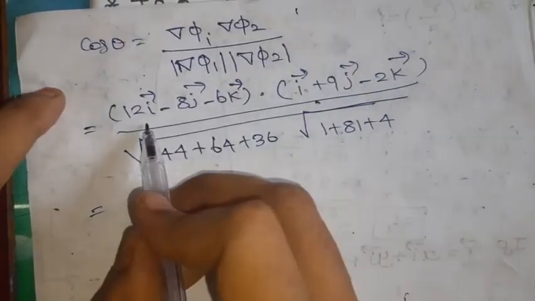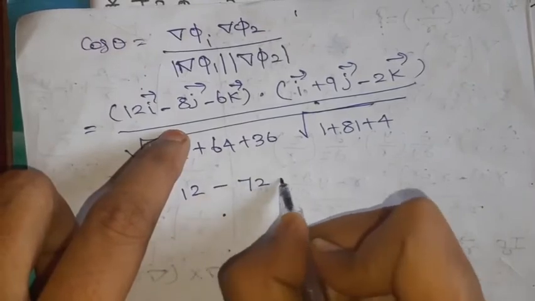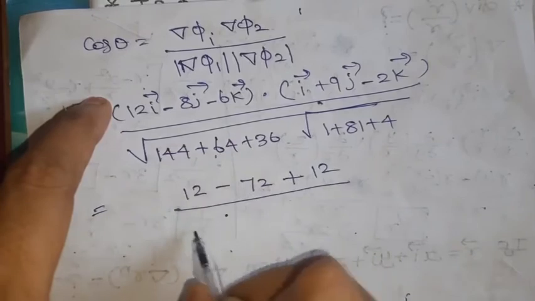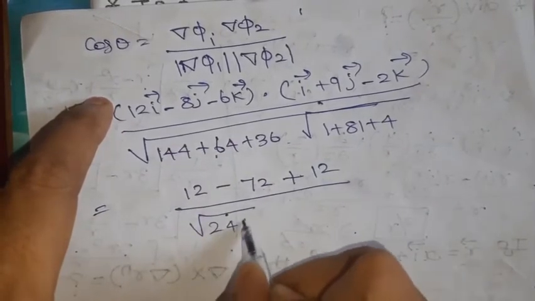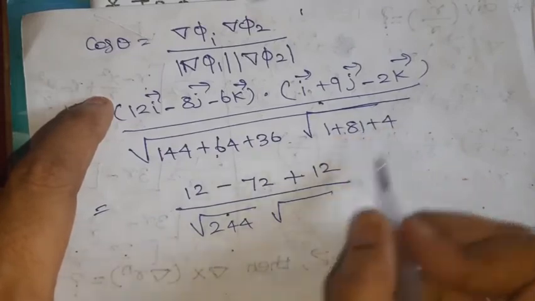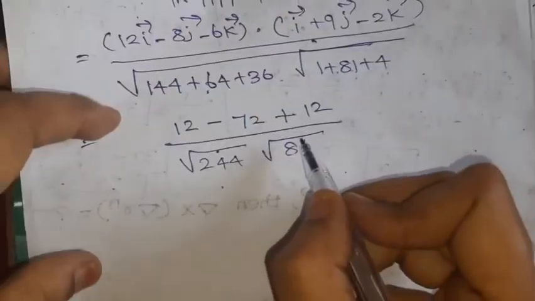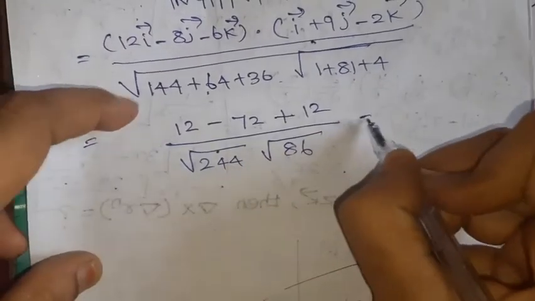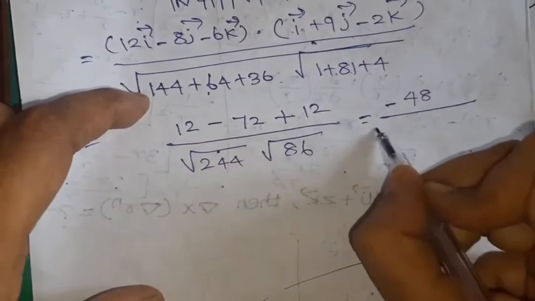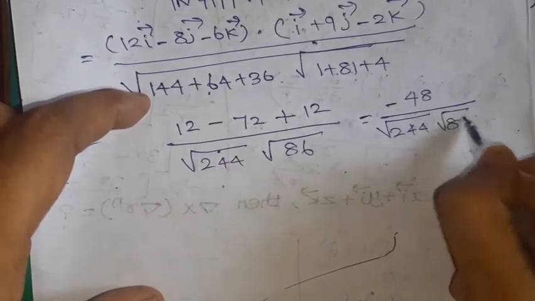So the numerator is 12 minus 72 plus 12, divided by square root of 244 into square root of 86. Minus 48 divided by square root of 244 into square root of 86.